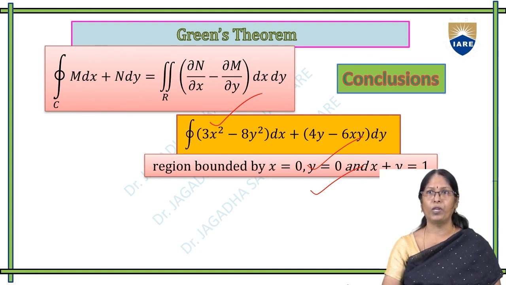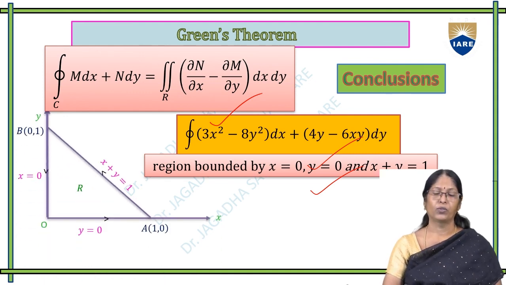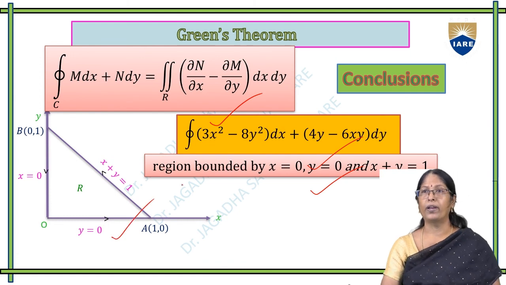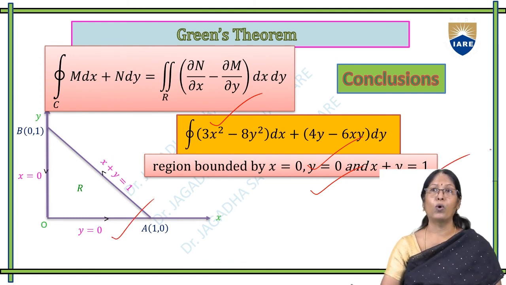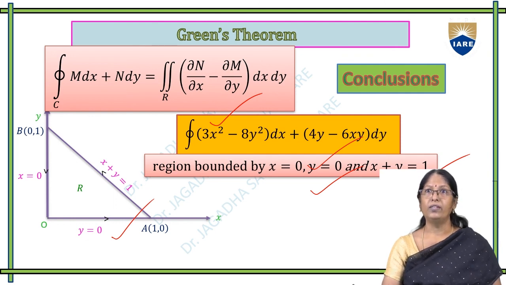The limits also will be changing. That we have seen practically and we understood. So this is the geometrical figure. Using this bounded region, we obtained it. So in detail, we discussed Green's theorem problems.